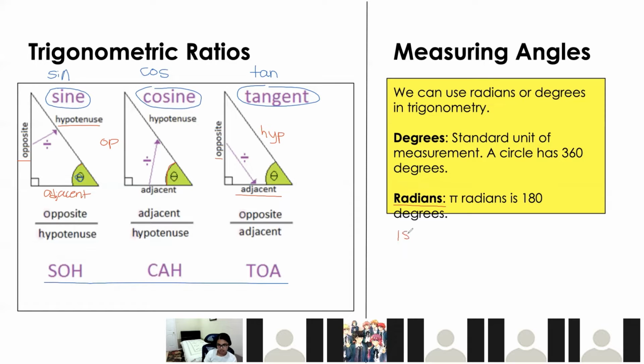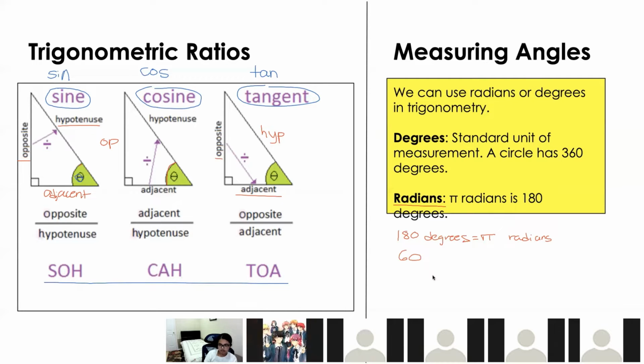So instead of 180 degrees, we can write pi radians. Yeah, Andrew, you're right, 360 is 2 pi.